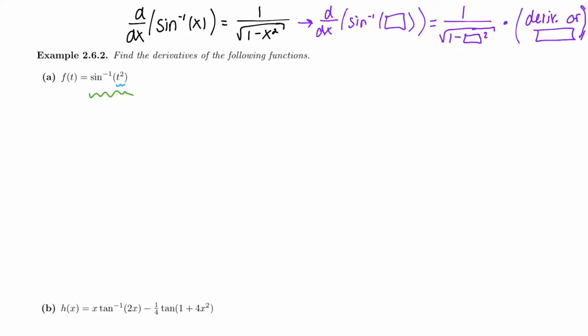In our case, that stuff is a t squared. I'm just taking this thing right here and putting a box in it. So this part is literally this with just the x replaced with a box, and then just remembering chain rule, so we're multiplying by the derivative of the inside there.